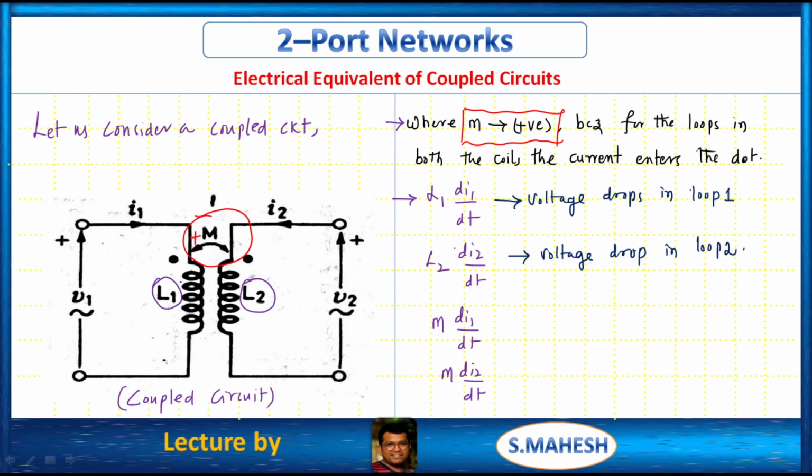The mutual inductance into di1 by dt is also a voltage drop with respect to coil 2, because it is the rate of change of current in coil 1. So this is the introduction of the coupled circuit.